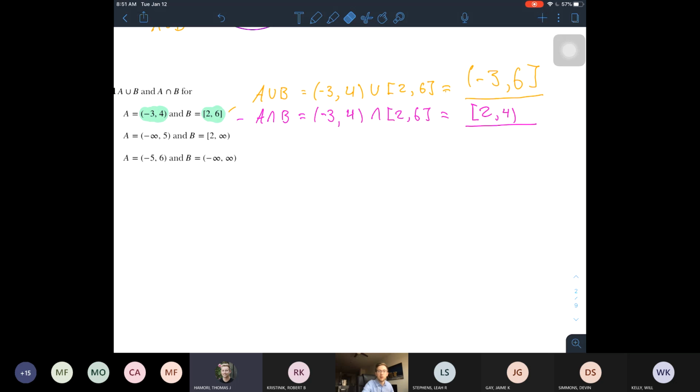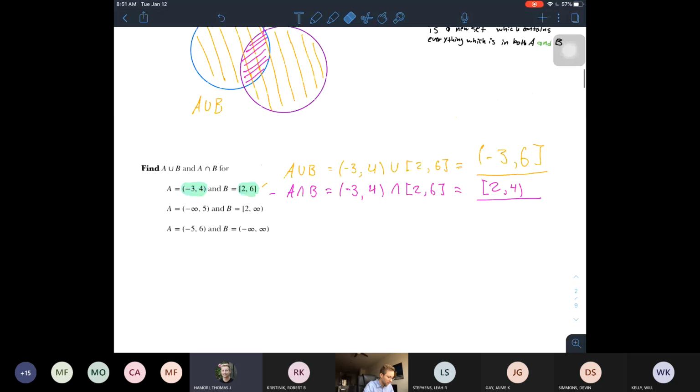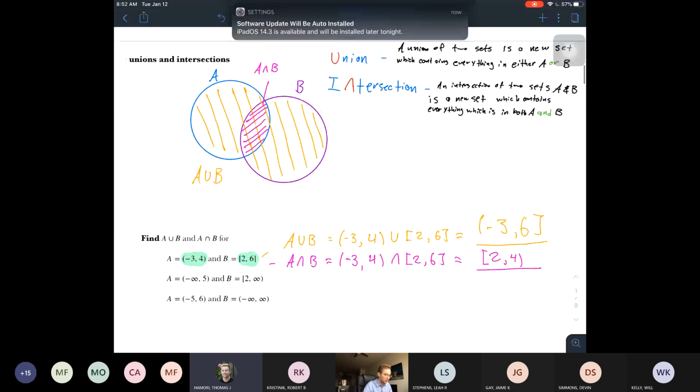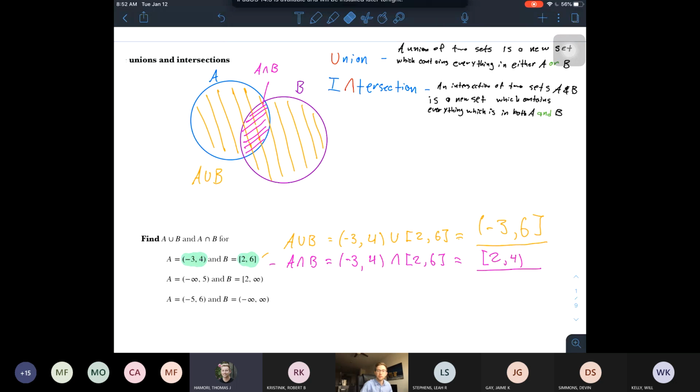Okay, so again, I'll pause and ask. There was a bit of a jump from defining unions and intersections to actually computing them with intervals. So I want to make sure I haven't lost anybody. Are there any questions about how we started doing this process before we see some more examples?